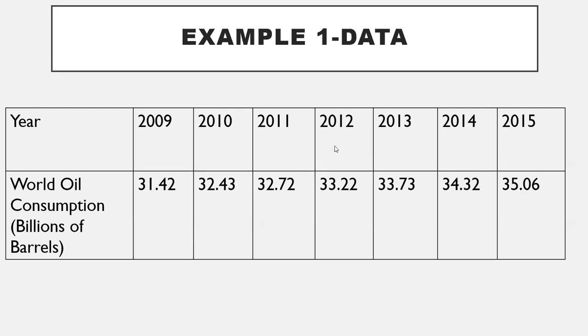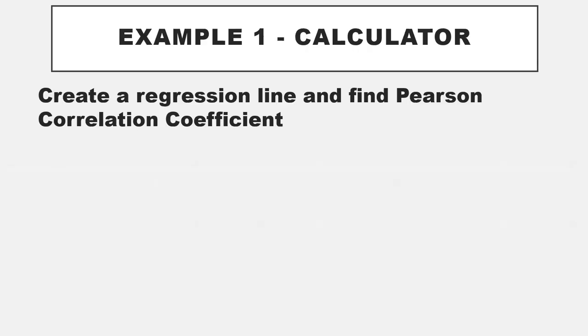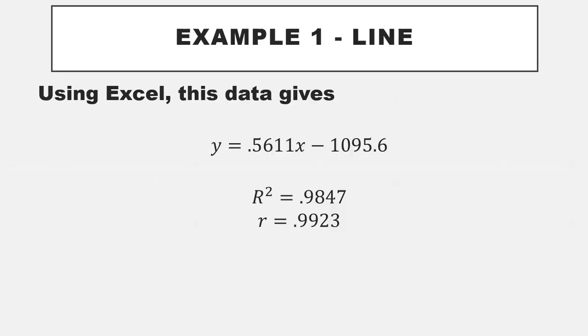This is not the best of data sets because it doesn't have very many entries, but it does show how to do the process in Excel. We created the scatter plot, and then we created the regression line and Pearson correlation coefficient, both from the scatter plot itself and then also using the formulas in Excel. All right, and this is what we got in those cases.